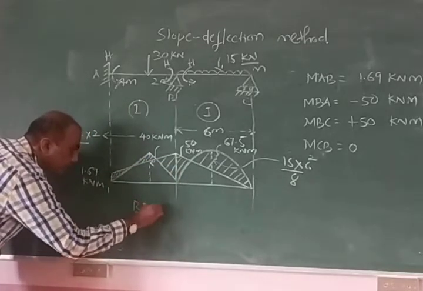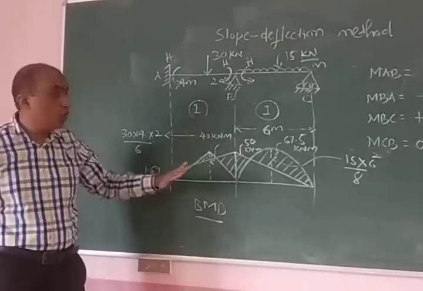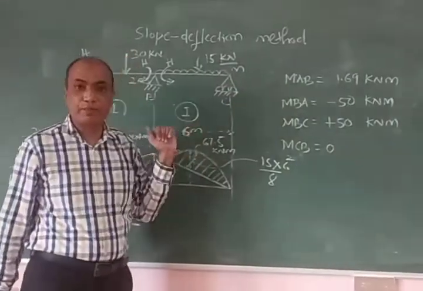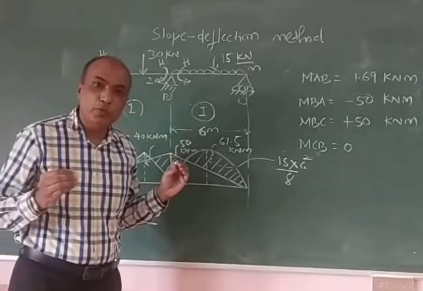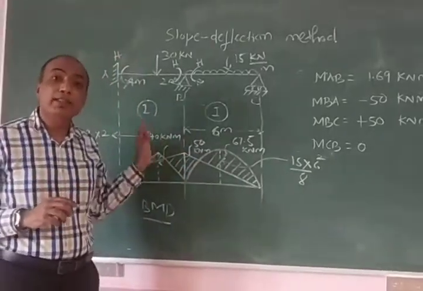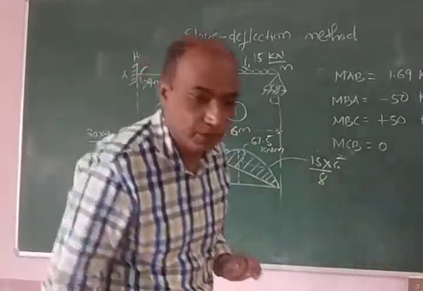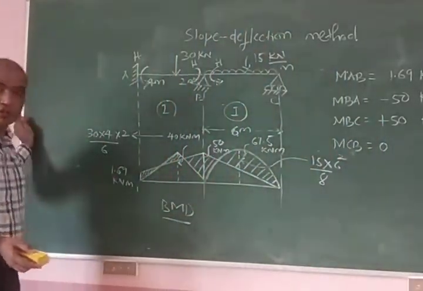That's all. This principle is called the principle of superimposition. So this is how we draw the bending moment diagram, and we are going to continue with this principle for all the modules of analysis of indeterminate structures. Is that clear? Okay.